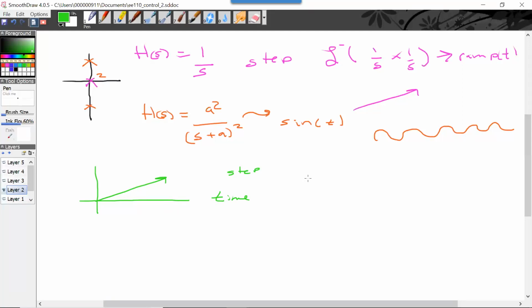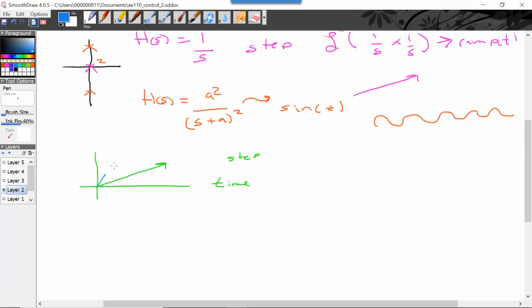And that it's out of control. But if you see something like this, where it stabilizes, well, you know it's in control because it's going to a stabilized value, right?